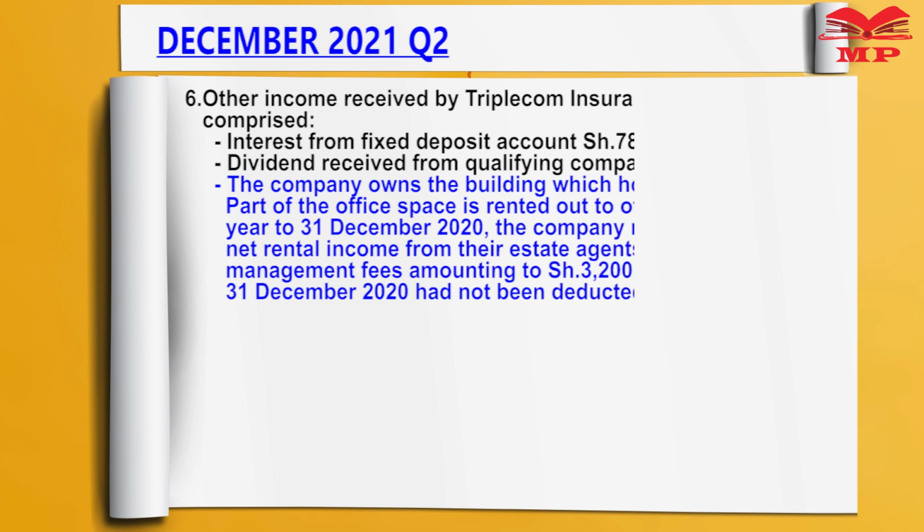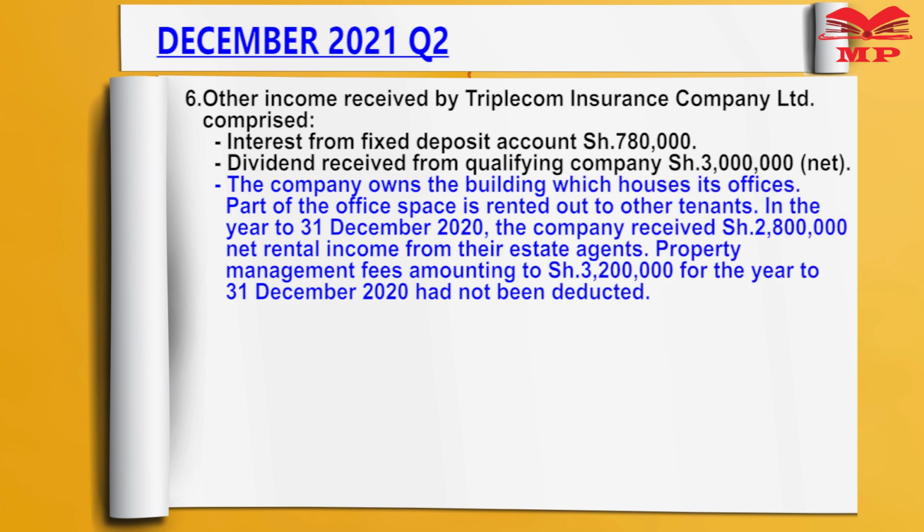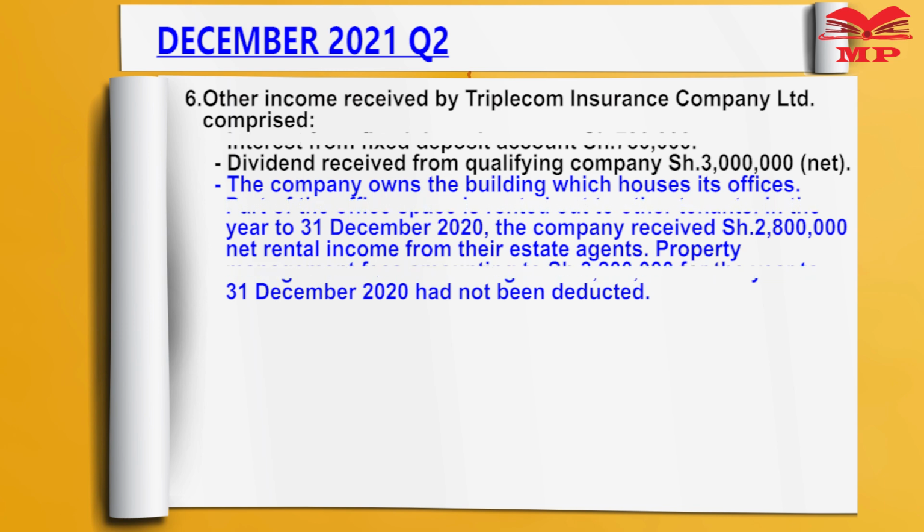3, lastly, the company owns the building which houses its offices. Part of the office space is rented out to other tenants. In the year to 31st December 2020, the company received 2.8 million shillings net rental income from their estate agents. Property management fees amounting to 3.2 million shillings for the year to 31st December 2020 had not been deducted.